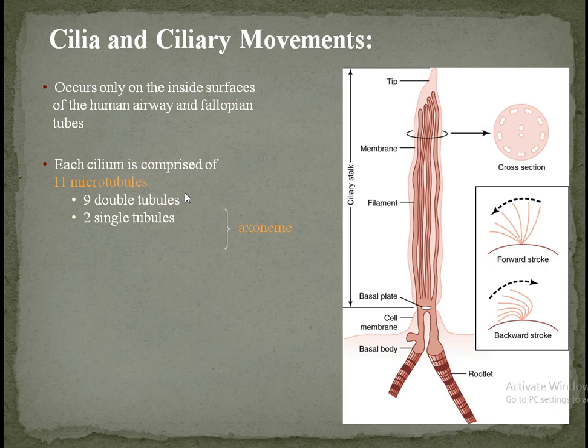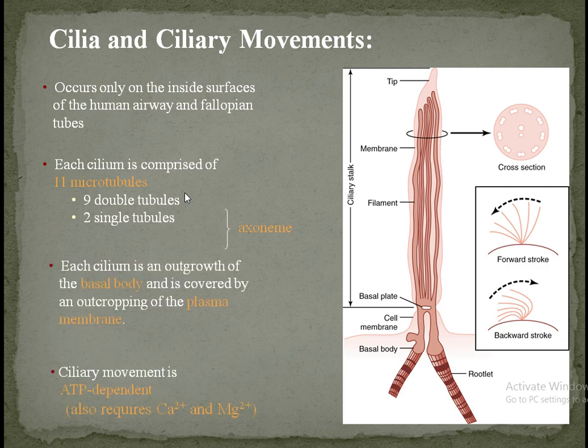Number one is the availability of the high energy compound called ATP. You can see here that it is ATP dependent, and it also requires calcium and magnesium ions. So these are some of the types of ciliary movements through which the cell can move.